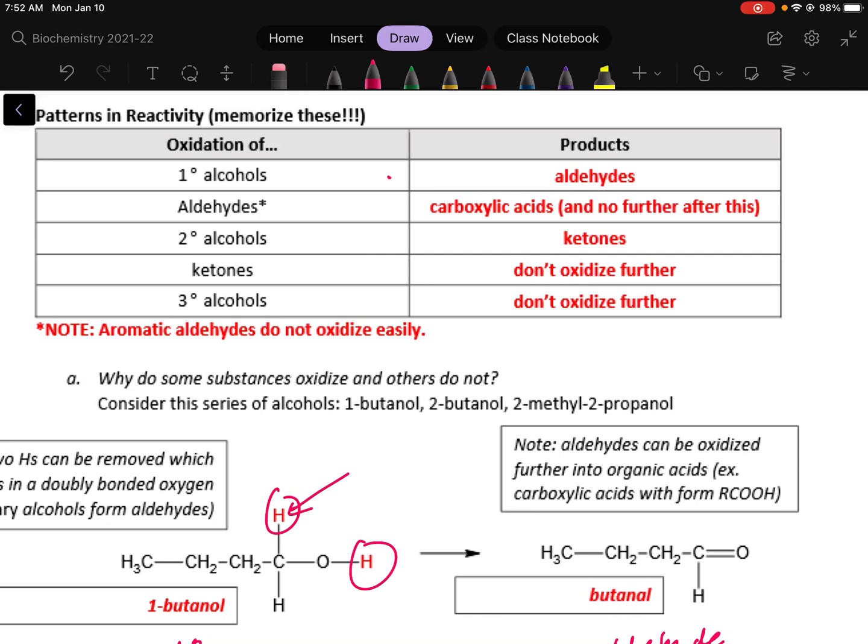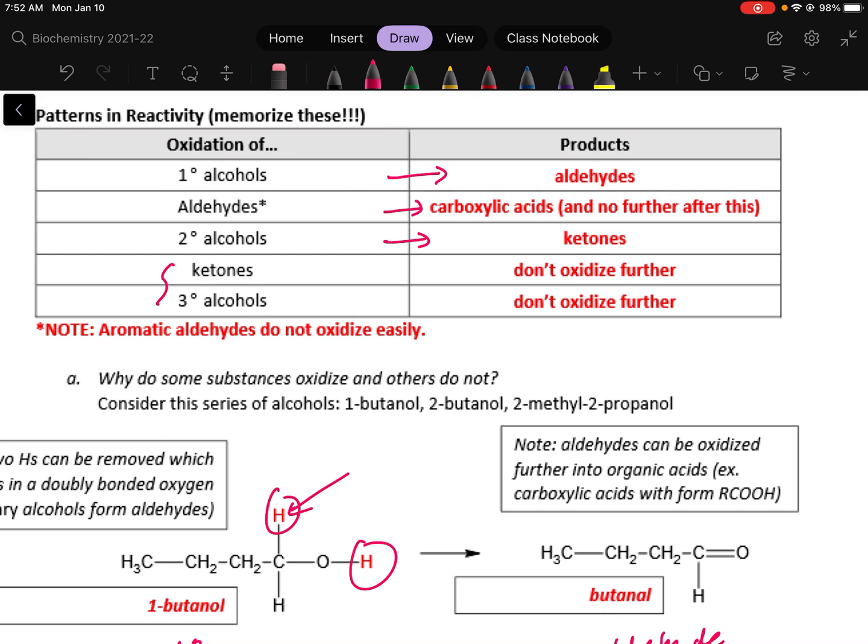Primary alcohols form aldehydes. Aldehydes in turn oxidize to form carboxylic acids. And then secondary alcohols oxidize to form ketones. And then we have a few different things like ketones, tertiary alcohols, and aromatic aldehydes that do not oxidize very easily. That table is pretty darn important.